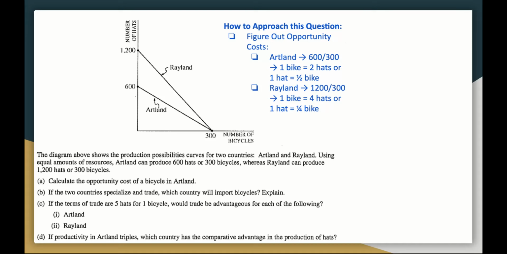When I think about how they may ask these types of questions, I look at previous AP exams. This is question number 3 from the 2008 AP exam, and I have a feeling that during online learning something kind of similar like this might show up on the micro exam or maybe even the macro exam in some way, shape, or form.